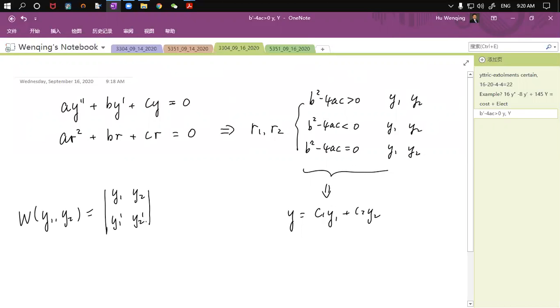This is very important. We talked about Abel's theorem, which says the Wronskian only has to be checked at 1 point. If at 1 point the Wronskian is non-zero, then the solutions are linearly independent. So if the Wronskian is non-zero, you have a fundamental solution. That's the notion of fundamental solution.